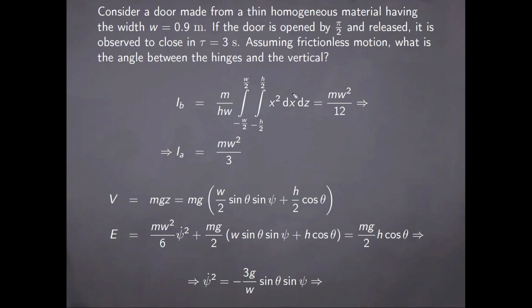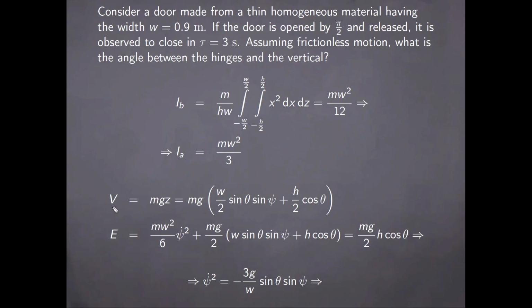So there is a vanishing mass distribution in the y direction, and then the result is the one here, and we can use the parallel axis theorem to immediately find the moment of inertia for the rotation about an axis passing through the hinges of the door.